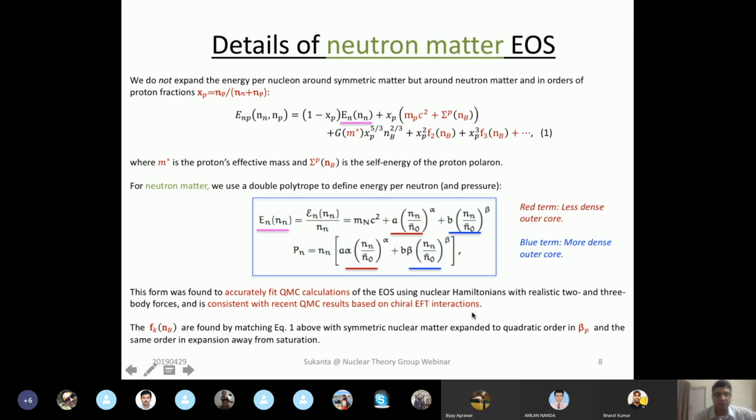If you're interested, I can point you to them. And as I already mentioned, these higher order expansion coefficients in the proton fraction are obtained by matching against the symmetric nuclear matter expanded to quadratic order in the isospin parameter beta p, and also quadratic order in the expansion away from nuclear saturation density.